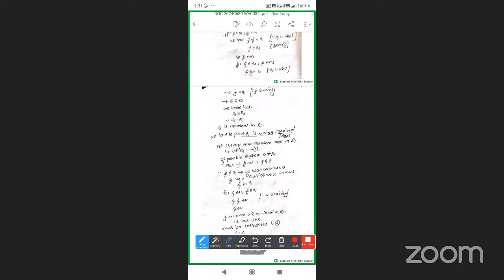Now let U be any other maximal ideal in RS, so U is not equal to RS. If possible, suppose that U is not equal to PS.